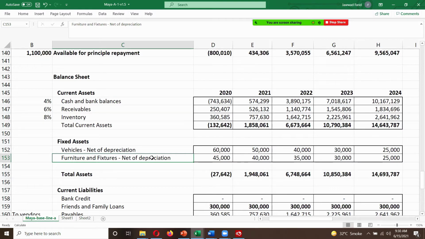And in accounting terms, we use multiple terms for that, but the most common term for this allocation of cost of usage over a period of time is depreciation. So how much has the value of the asset gone down because you've used it? So for example, in Maya's case, let's say they have a shelf, and that shelf has a lifespan of 5 years.